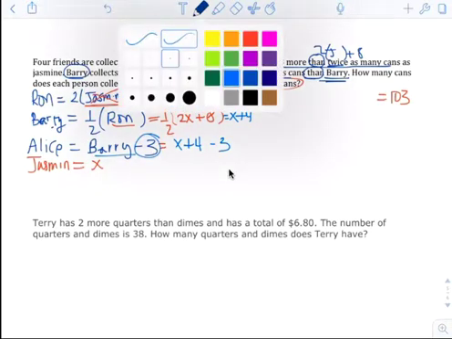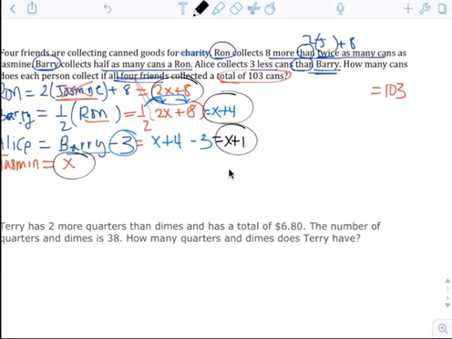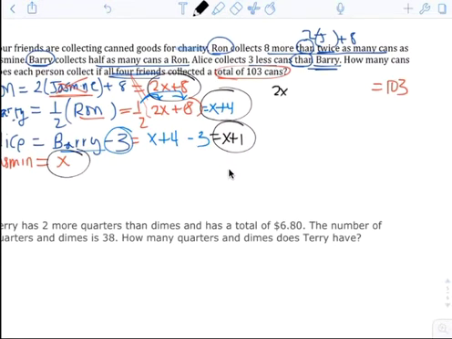This one is simplified to x plus 1. Okay, so we need to use this and that. 2x plus 8, x plus 4, and x plus 1. And then don't forget this x right there, plus that x equals 103 cans.